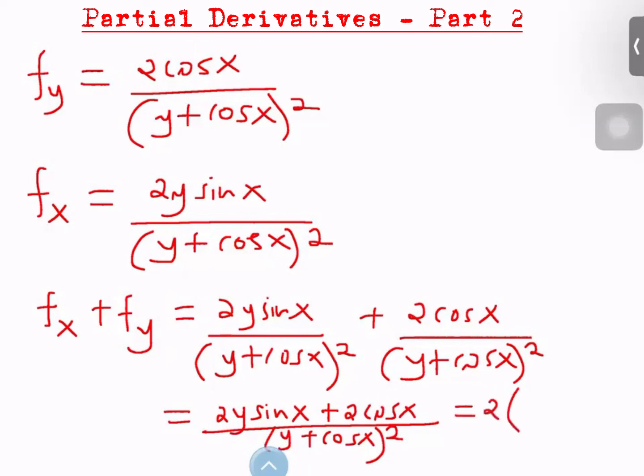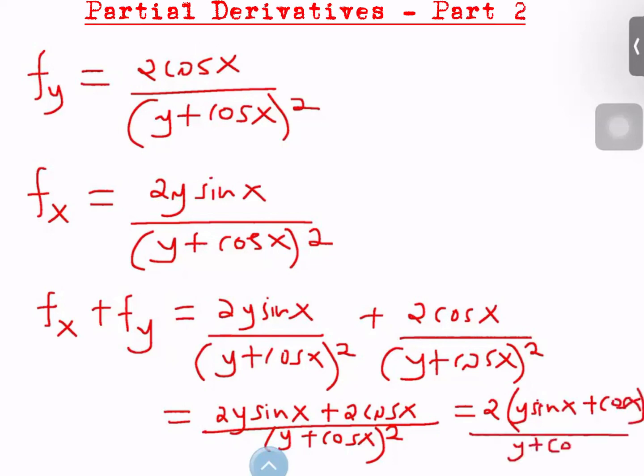That is 2 into (y sine x plus cos x) divided by (y plus cos x) squared. Hope we are together up to there.